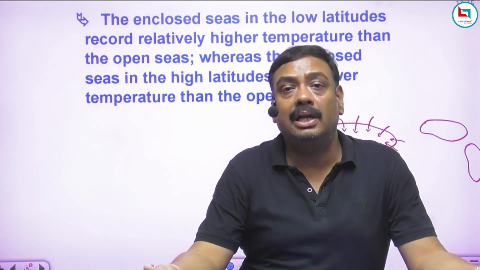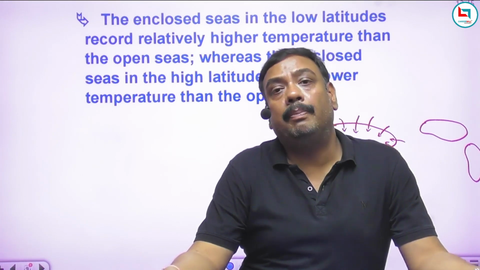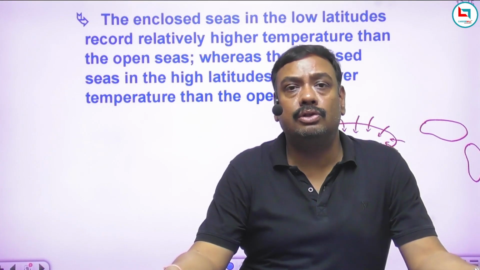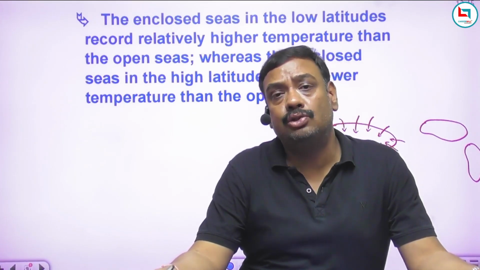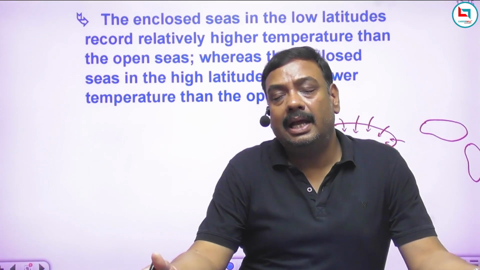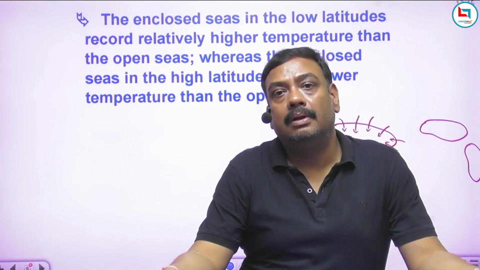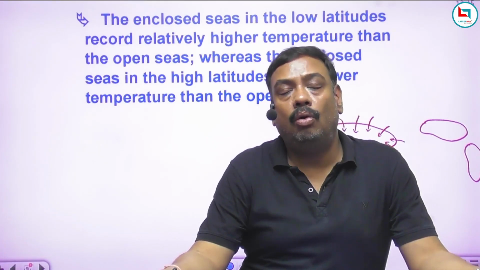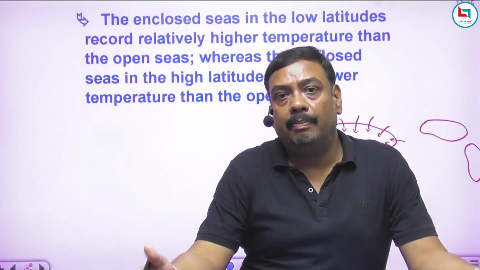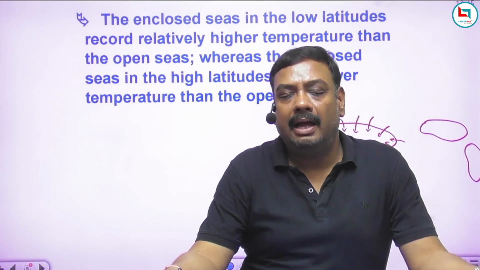It is partially enclosed. You can talk about the Persian Gulf. It is partially enclosed because a little portion is open in the north and south of these two, Red Sea and Persian Gulf. Mediterranean Sea is again a partially enclosed sea because it is a little open towards the western side between Spain and the African region.